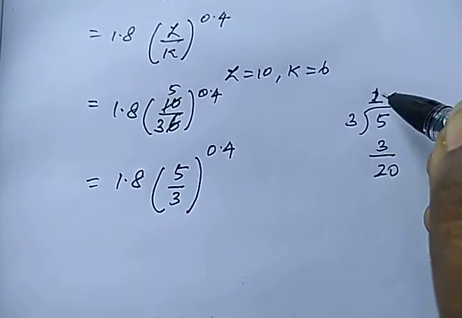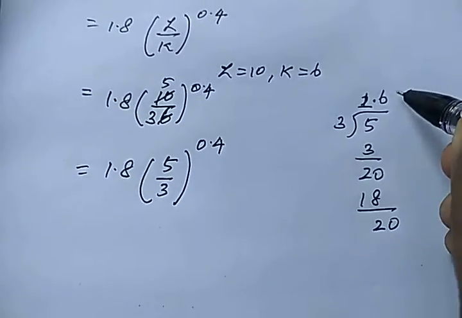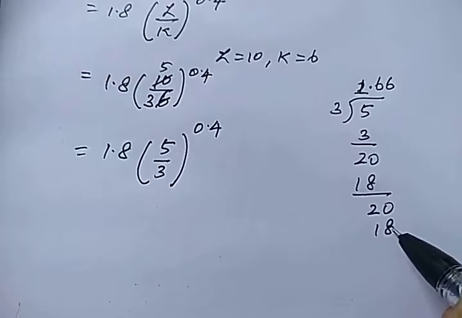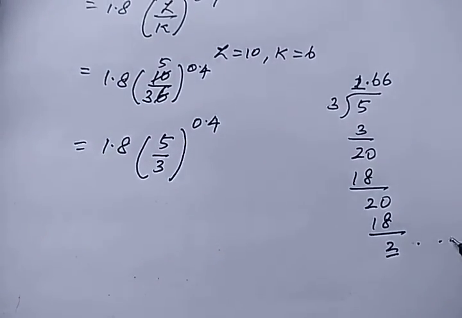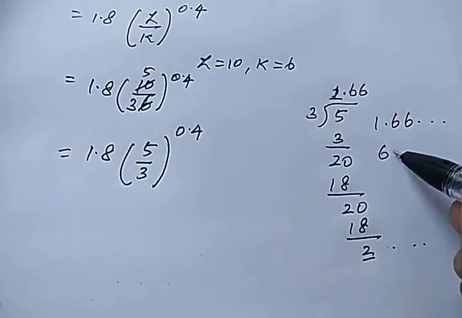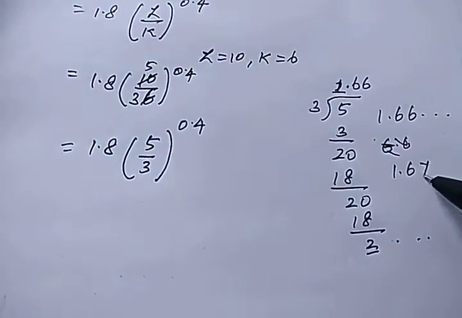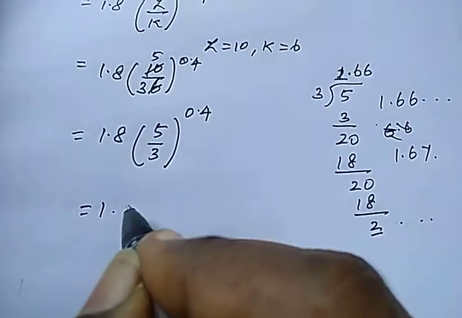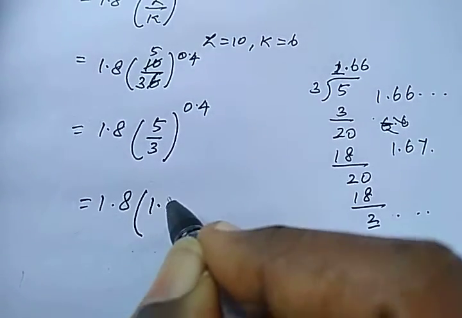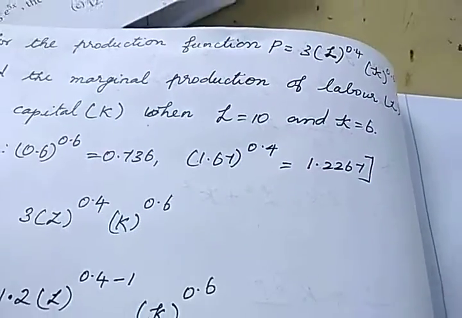Remainder 2, 20. 6 3s are 18. Again remainder 2, 20. 6 3s are 18. Again remainder 2, and it goes on. So 1.666 I can round it off as 1.67, which is equal to 1.8 into 1.67 whole to the power 0.4.